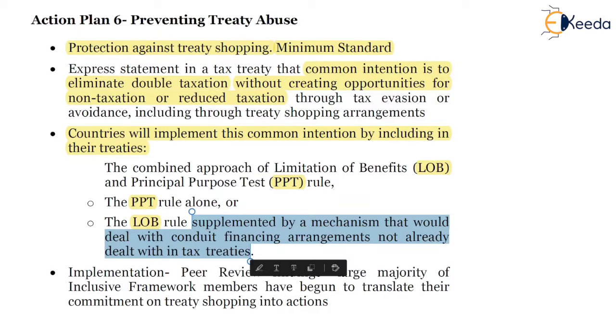And here conduit means shell companies, or in our example, the company which has been established in country C will be a shell company, conduit company. So LOB rules should be supplemented by a mechanism which is mentioned in Action Plan 6. PPT rule alone is also fine, or you take a combined approach of LOB and PPT.